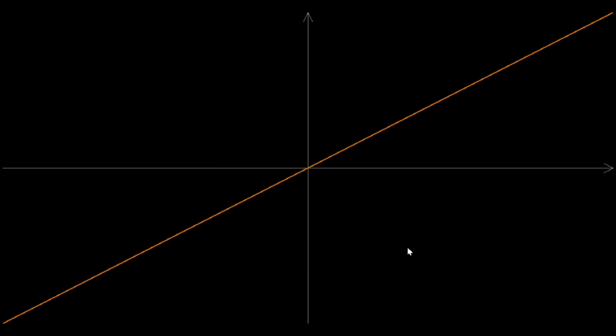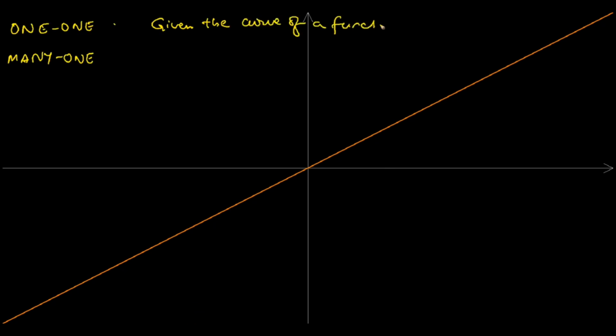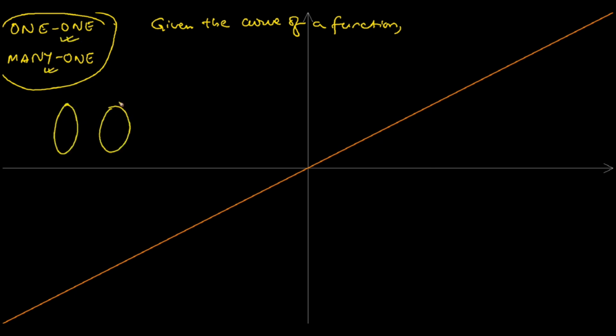Now the second thing is, there are two types of function: one-one function and many-one function. Given the curve of a function, how do you determine if it is one-one or many-one? In case of one-one and many-one, look at it from the perspective of the elements of the codomain.